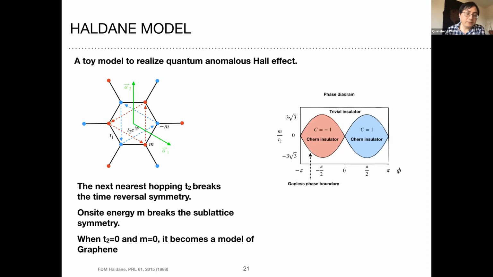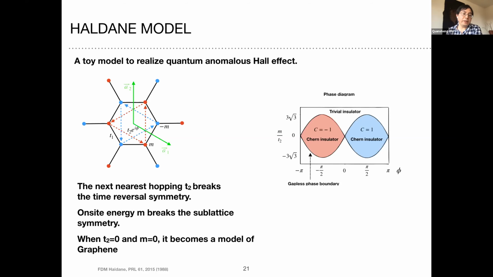He introduced next nearest hopping t2, and this hopping is not real, but complex. Complex means that it breaks the time reversal symmetry, and he also introduced an onsite energy M to break the inversion symmetry.